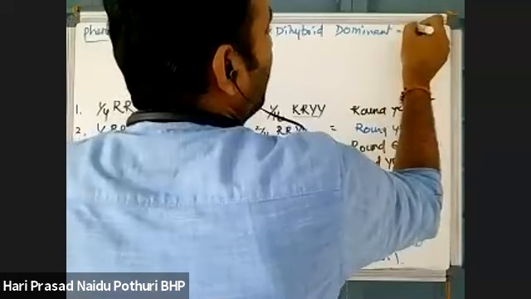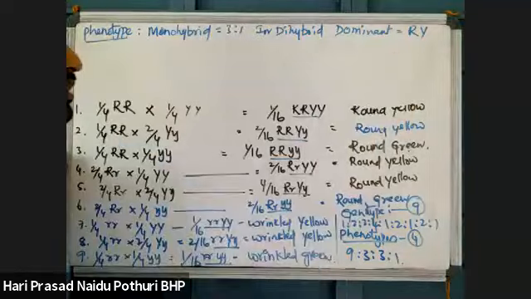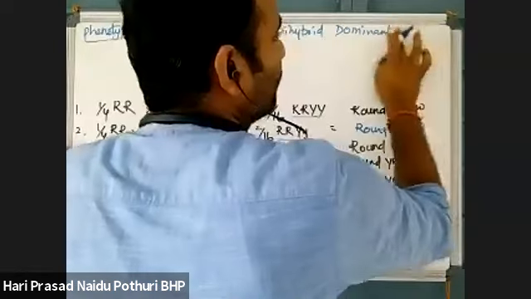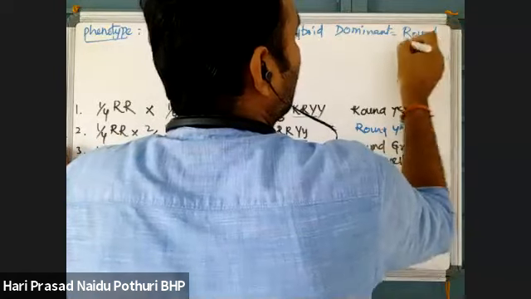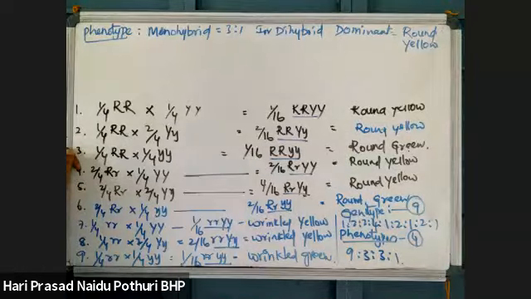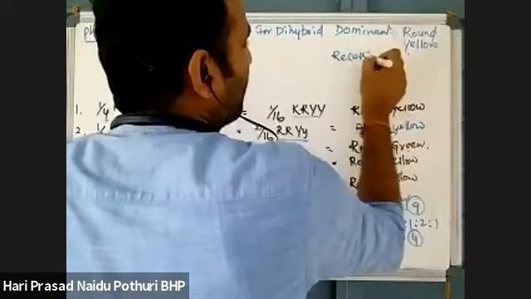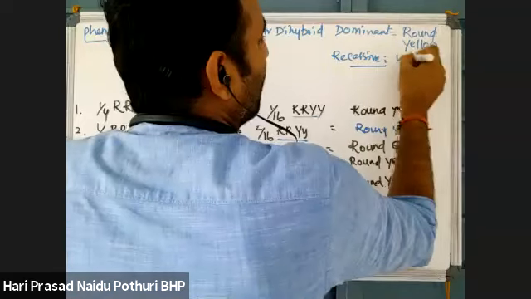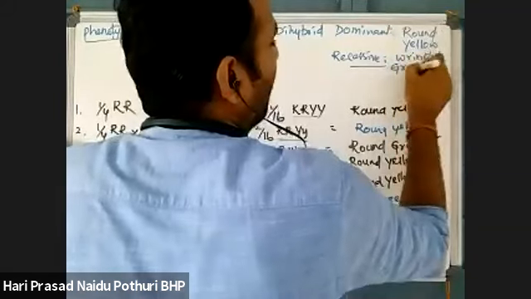Dominant is equal to capital R, capital Y. So dominant is round and yellow. So what is the recessive of the dihybrid process? Wrinkled green.